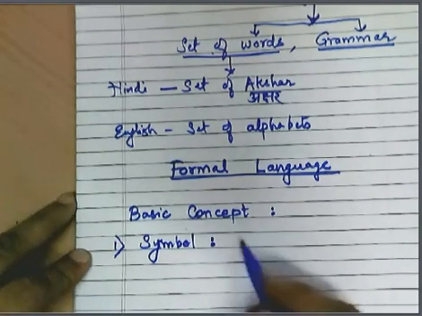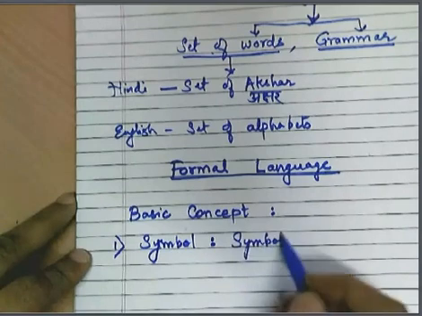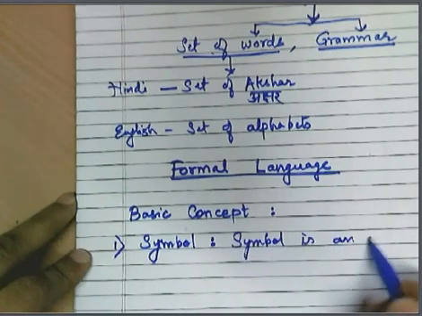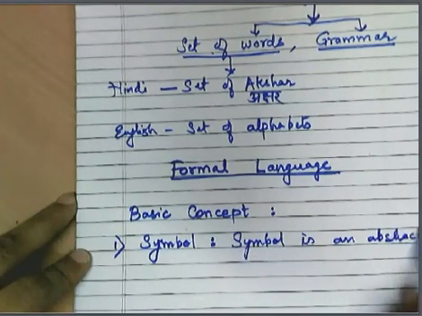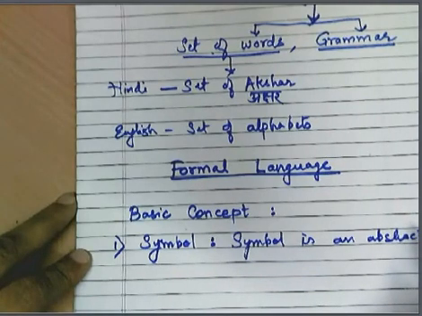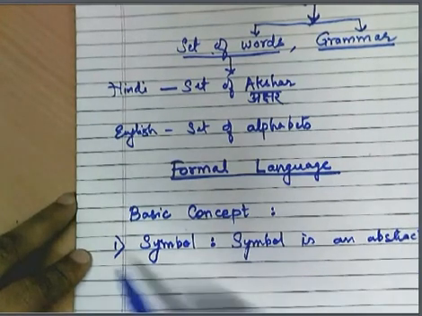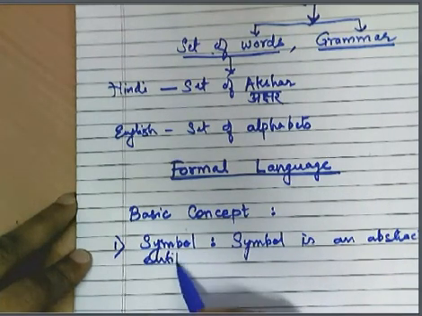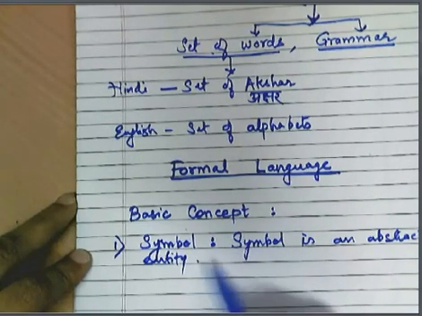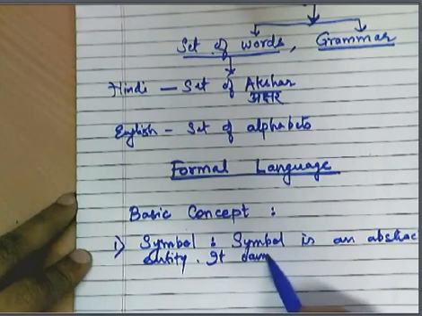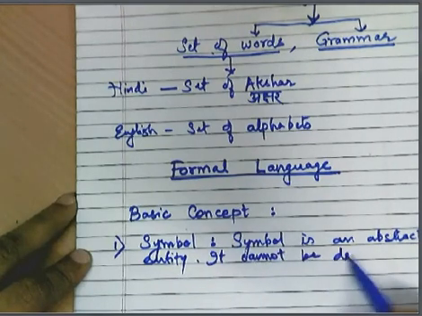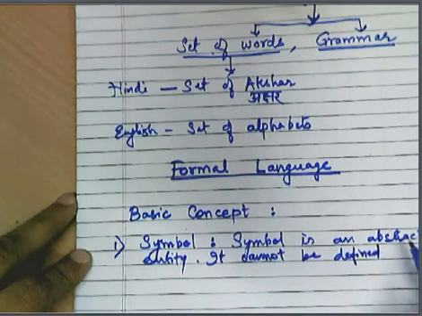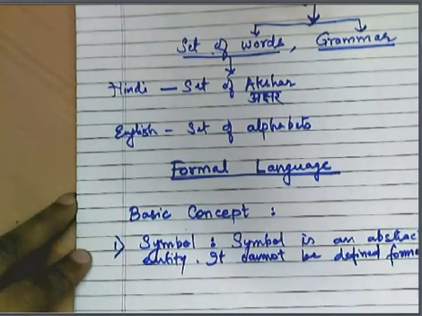A symbol is an abstract entity. It cannot be defined formally. What exactly does this mean? An example will make it clear.